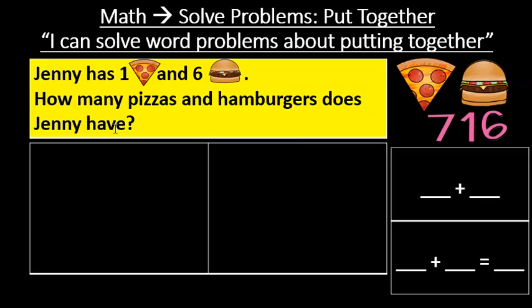So they want to know how many pizzas and hamburgers Jenny has, okay? Now, before we can start anything, we got to come back up here and read this part again. Let's read it together. Jenny has 1 pizza. Now, boys and girls, let's stop right there. How many pizzas does Jenny have?